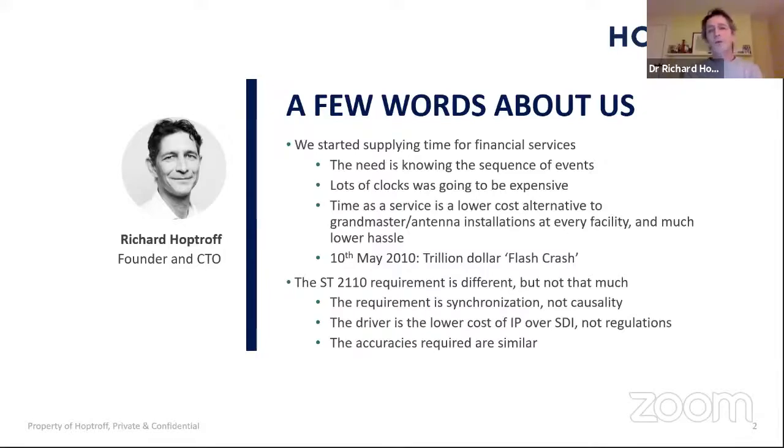The result was the MiFID regulations in the European Union and the consolidated audit trail in the United States, to ensure that banks made sure their transactions were correctly timestamped, so that you could identify causality, what happened first and what could have triggered what.